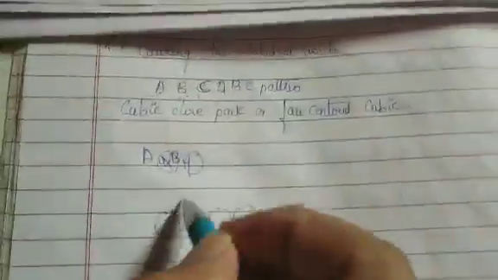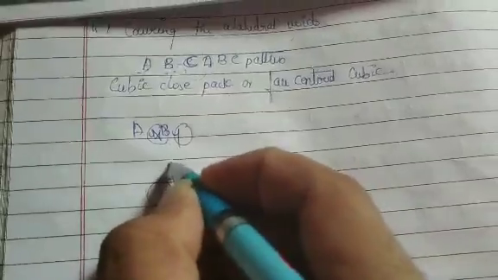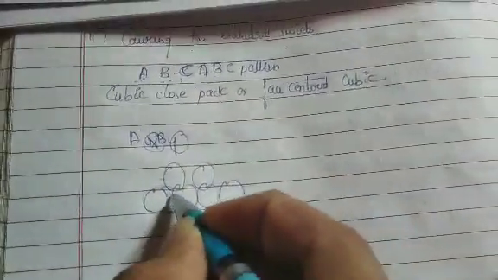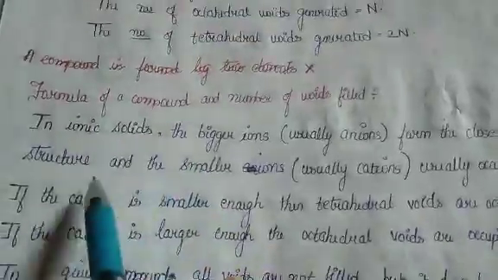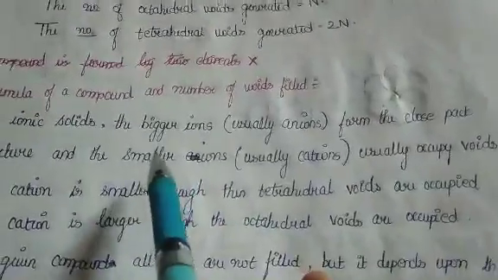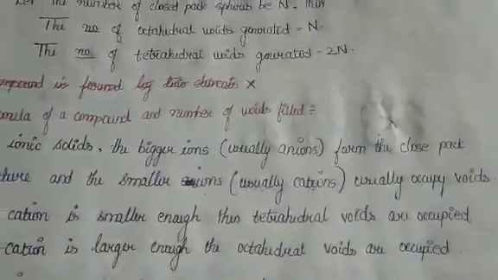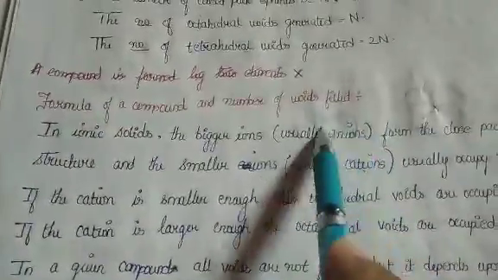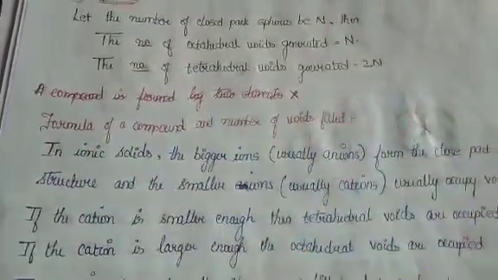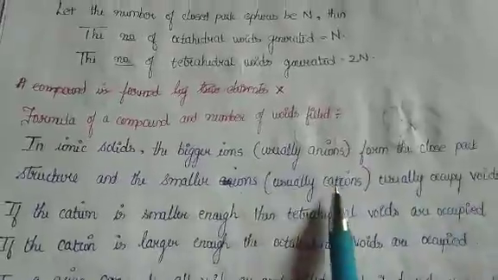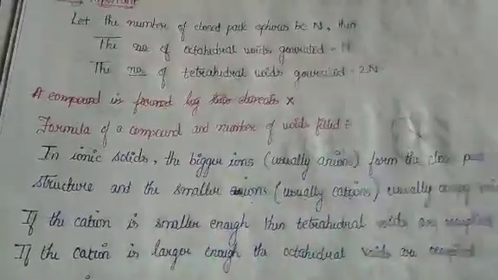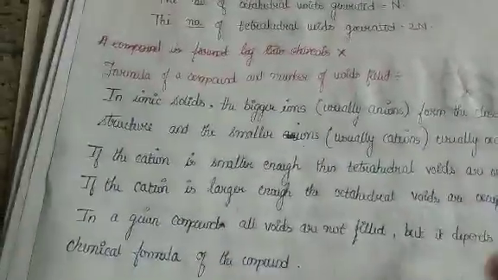So when you are writing the structure and you are getting certain voids, that is the space over here, those voids will be occupied by the smaller ions, usually the cations. So anions will generally be the spheres you are writing, whereas the cations are generally used to cover those voids. This is very important.